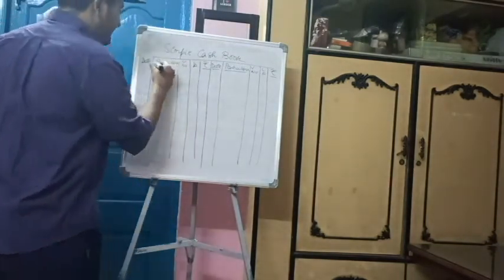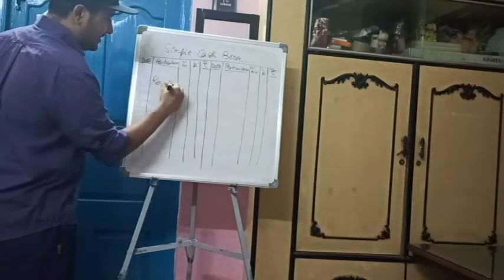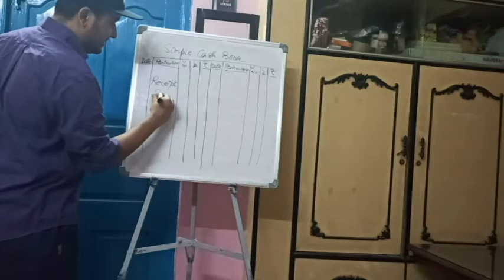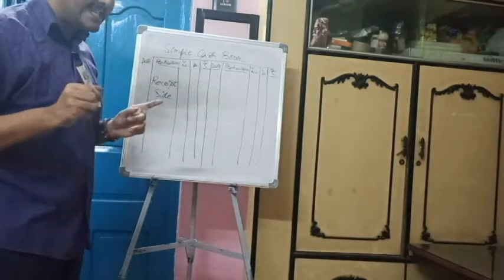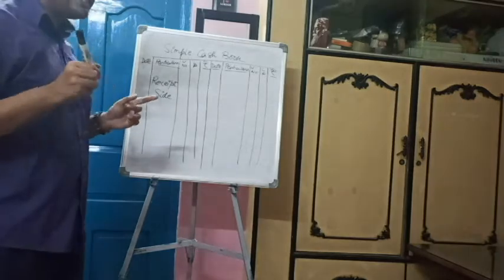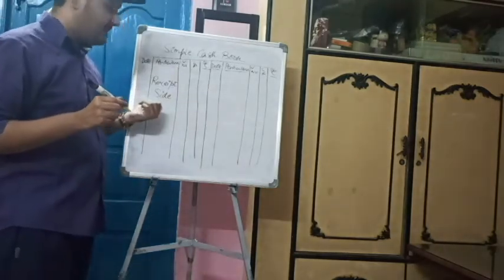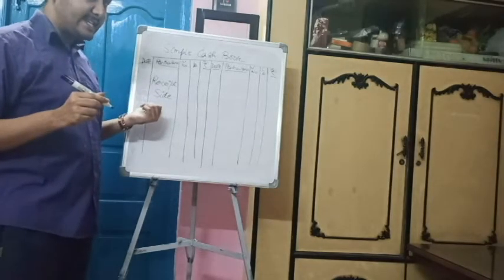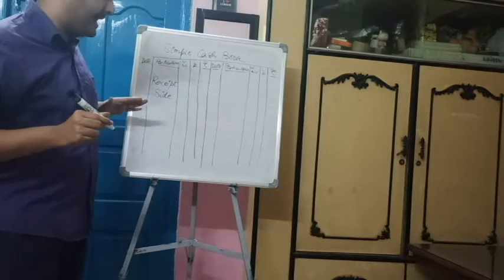This is the receipt side. Whatever we receive is recorded in this side, all the cash and bank transactions. Remember, no credit transactions would be there. Suppose it is a credit sale: a sale would come here as receipt, but if it is a credit sale, the entry won't be there because it is not related to cash or bank.